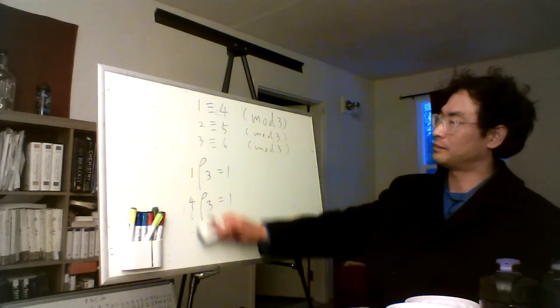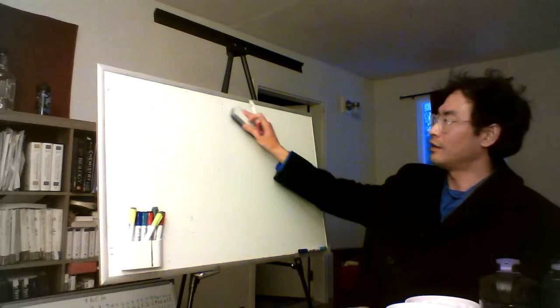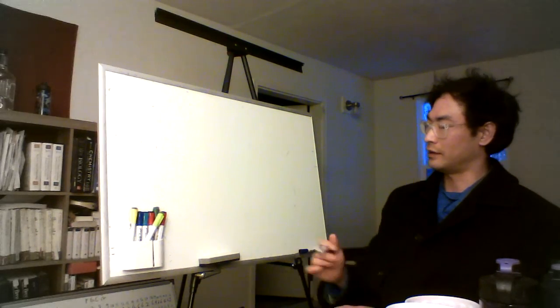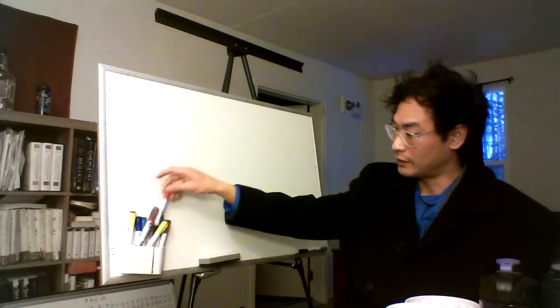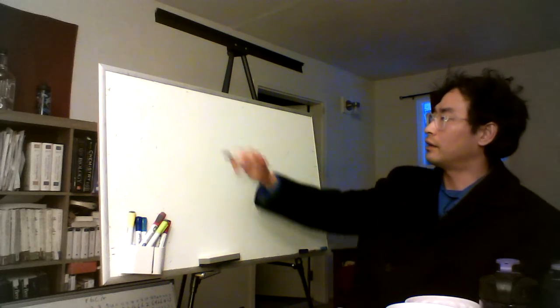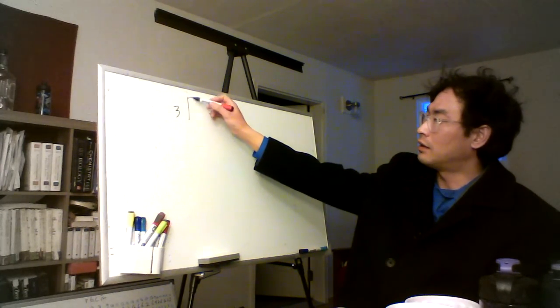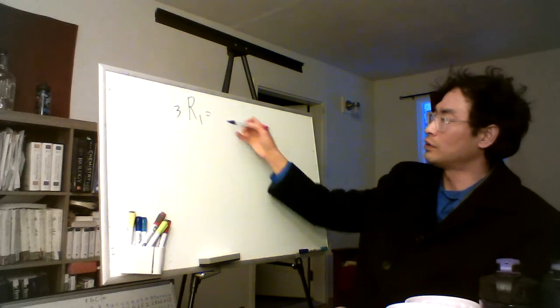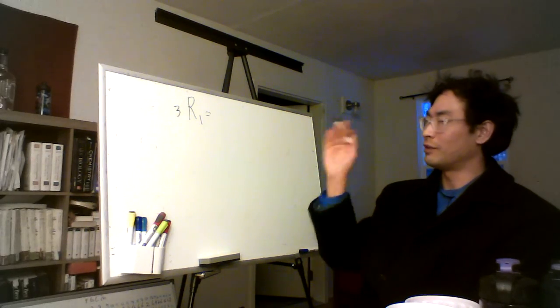Now we construct an infinite set. Three rho one is the set of all the numbers. We don't deal with negative numbers.